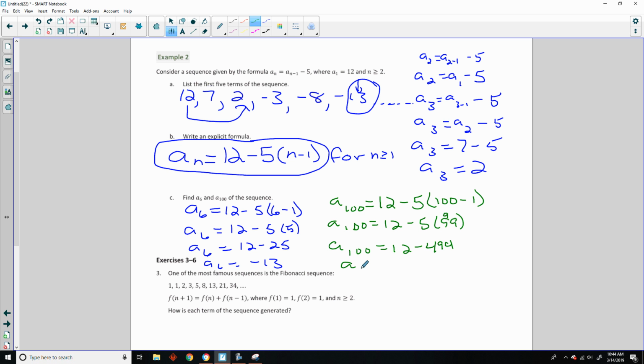So a sub 100 equals negative 494. 12 minus 494 is a negative 482.